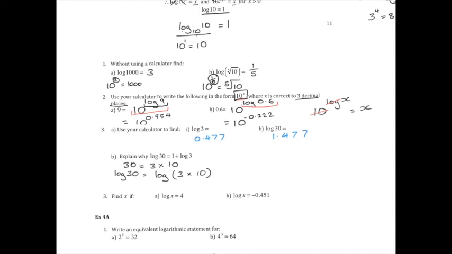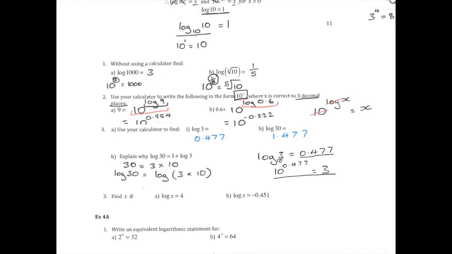Now we can use the fact that if log of 3 equals 0.477, that means 10 to the 0.477 equals 3. Because remember, the base is 10, so that's the power of 10. That gives 3. So that gives us this exponential equation here.